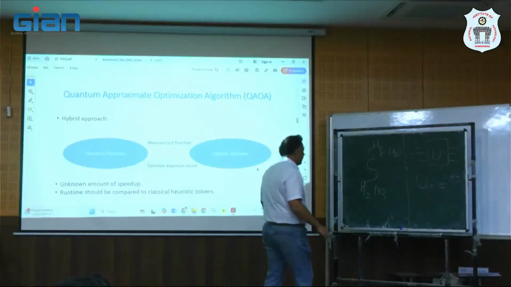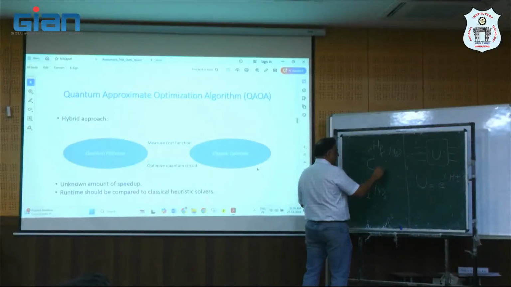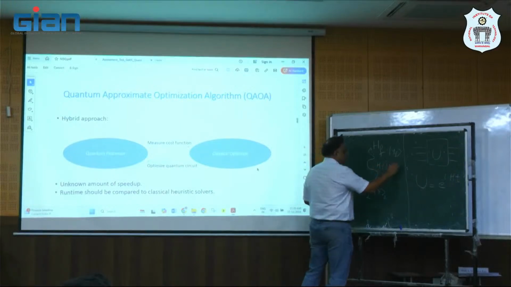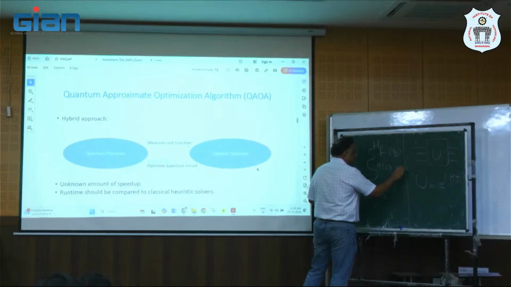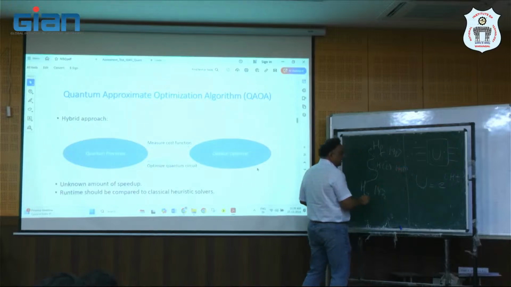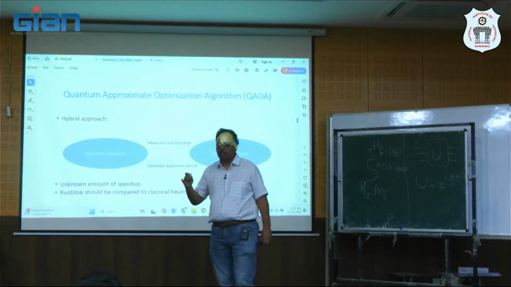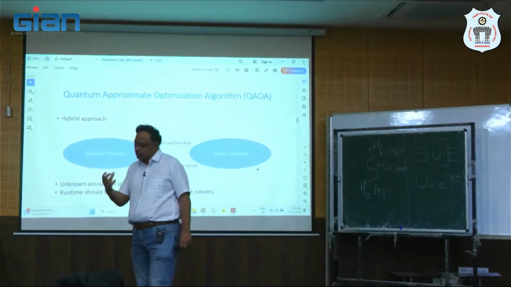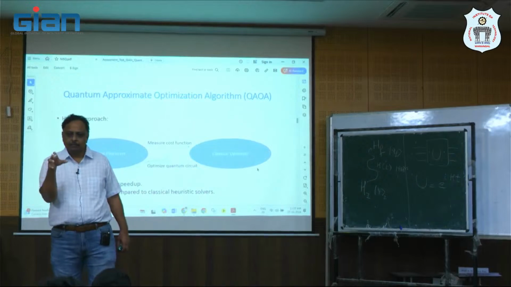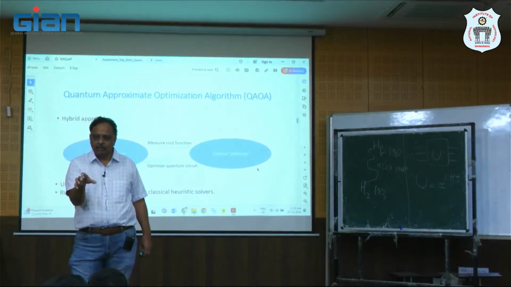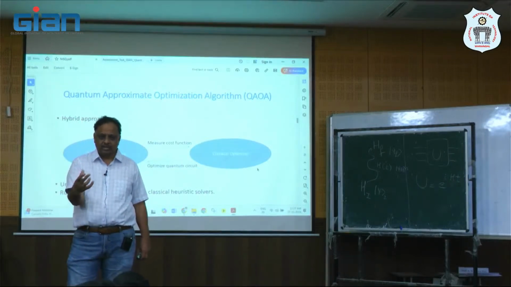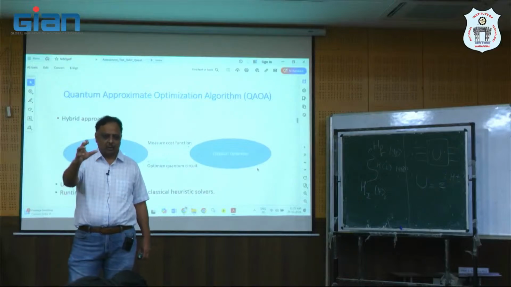We are doing a time evolution of this system, right? As such, there will be an H of t and a psi of t, correct? So you start with an easy Hamiltonian with an easy-to-prepare ground state. You slowly change the Hamiltonian.